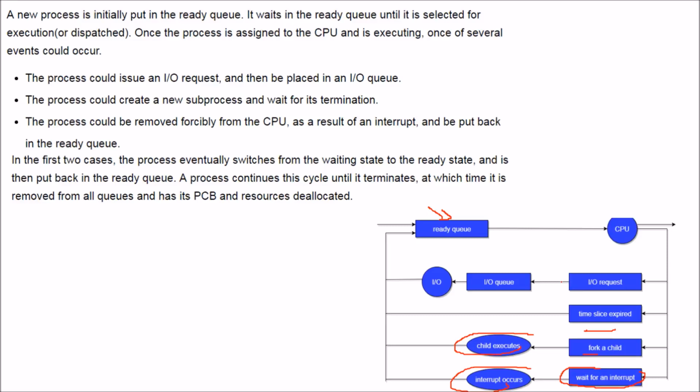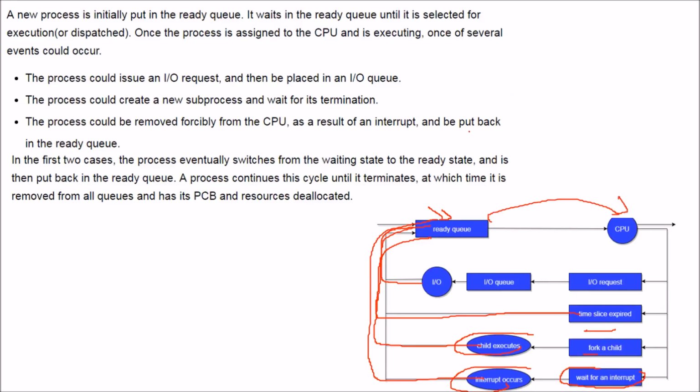In all these cases, for an input-output request, when it is done, it will go to the ready queue. If the time slice expires, it will go to the ready queue. When it forks a child and the child executes, it will go to the ready queue, and if it is waiting for some interrupt and the interrupt occurs, it will go back to the ready queue to be handled by the CPU.